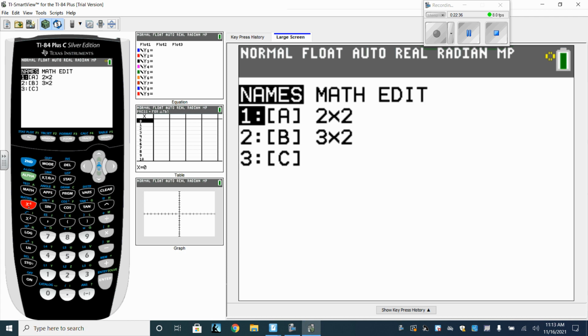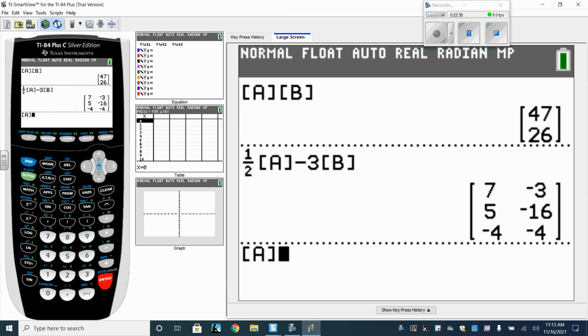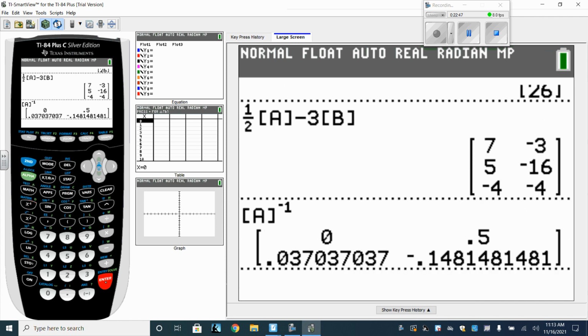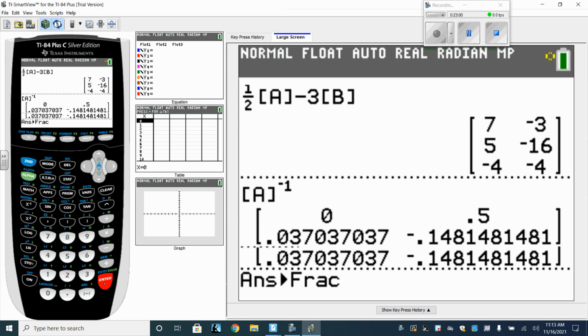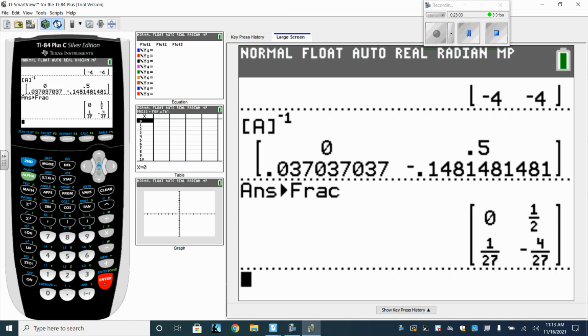We're going to go second matrix A to the negative 1, because that is telling us that we want to find the inverse. And we get 0.5, and then these two other decimals. Now how can I convert it to a fraction? Math, enter, enter. So the inverse for this here is 0, 1/2 in the top row, and in the bottom row from left to right, it's 1/27 and negative 4/27. And that would be the answer.